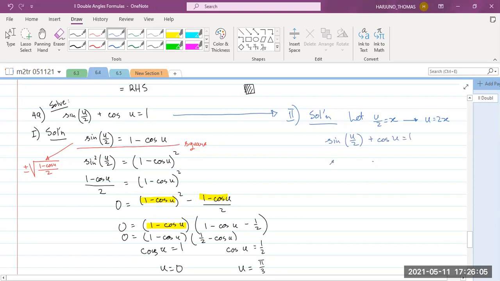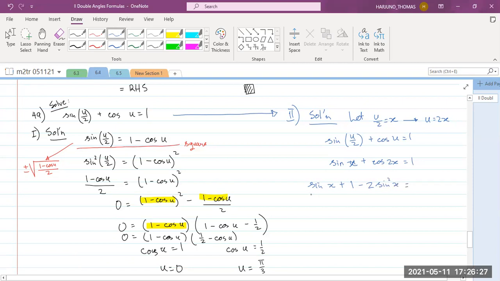So the equation that I need to solve now becomes sine u plus sine x plus cosine 2x equals 1. Now sine x plus, I use the third variation, 1 minus 2 sine squared x. Why?